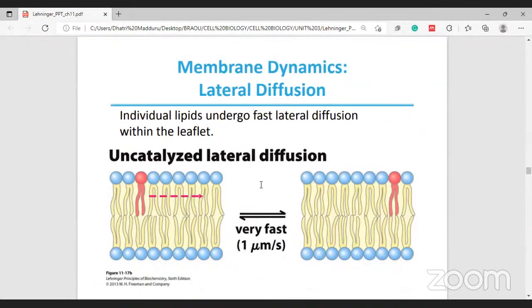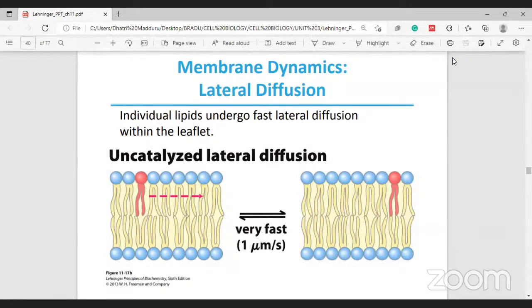Then membrane dynamics. Here, what about the movement? The lipids can undergo lateral diffusion within the leaflet. That means within the leaflet, they can move from one place to another, within a second, about 1 micrometer.